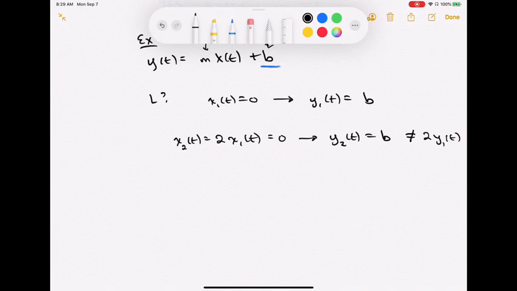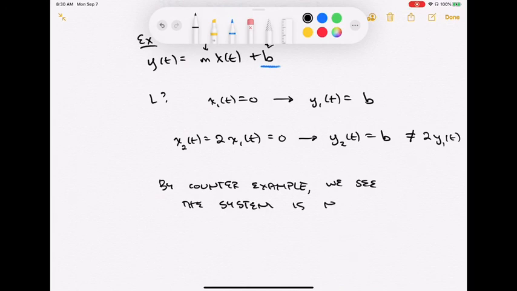You could also show that it fails under additivity, whatever the case may be, but a single example here is enough. So with this one counterexample, we see the system is not linear.